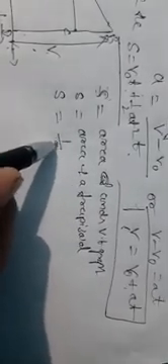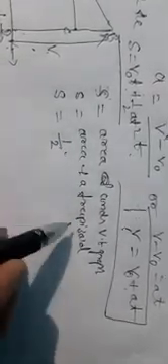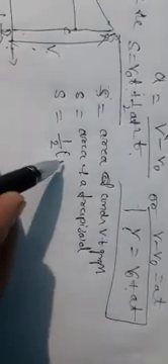The area of a trapezoid is 1 by 2 into the sum of the parallel lines into the perpendicular length.